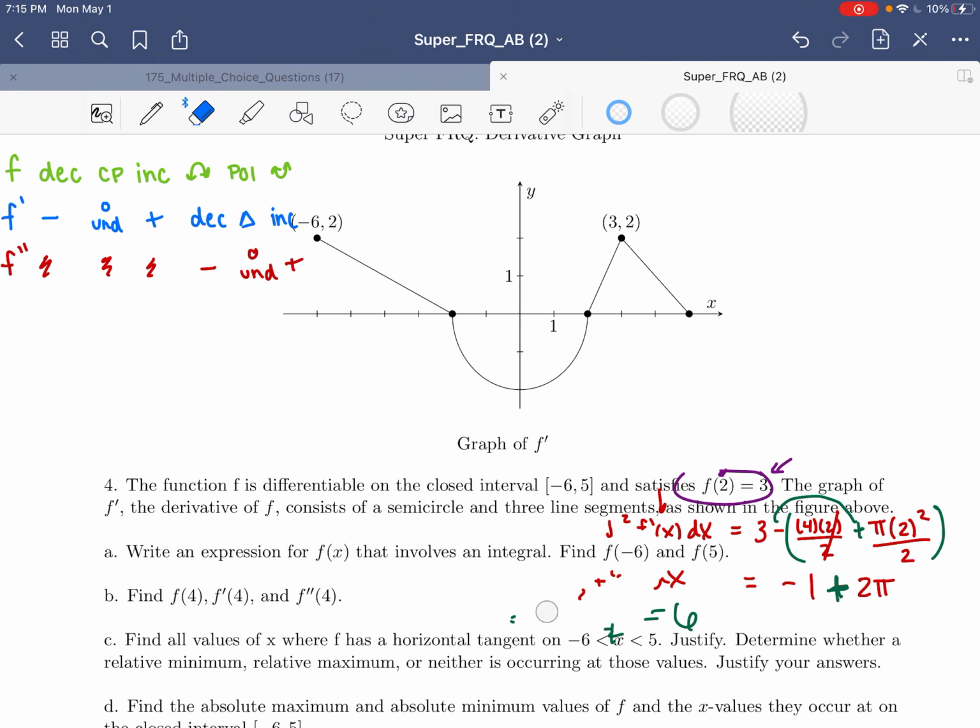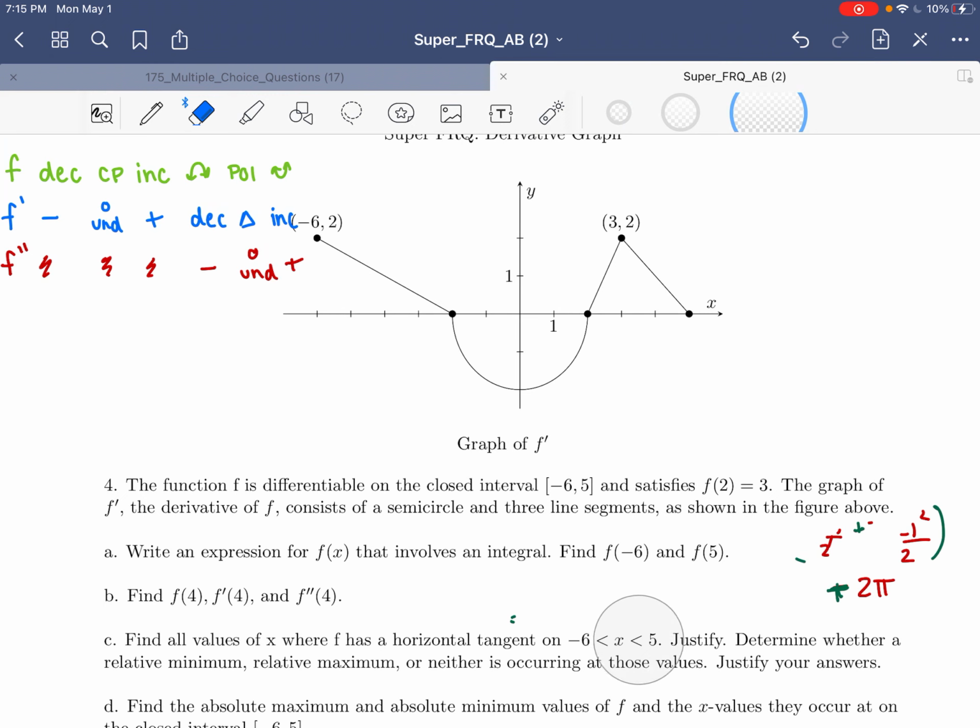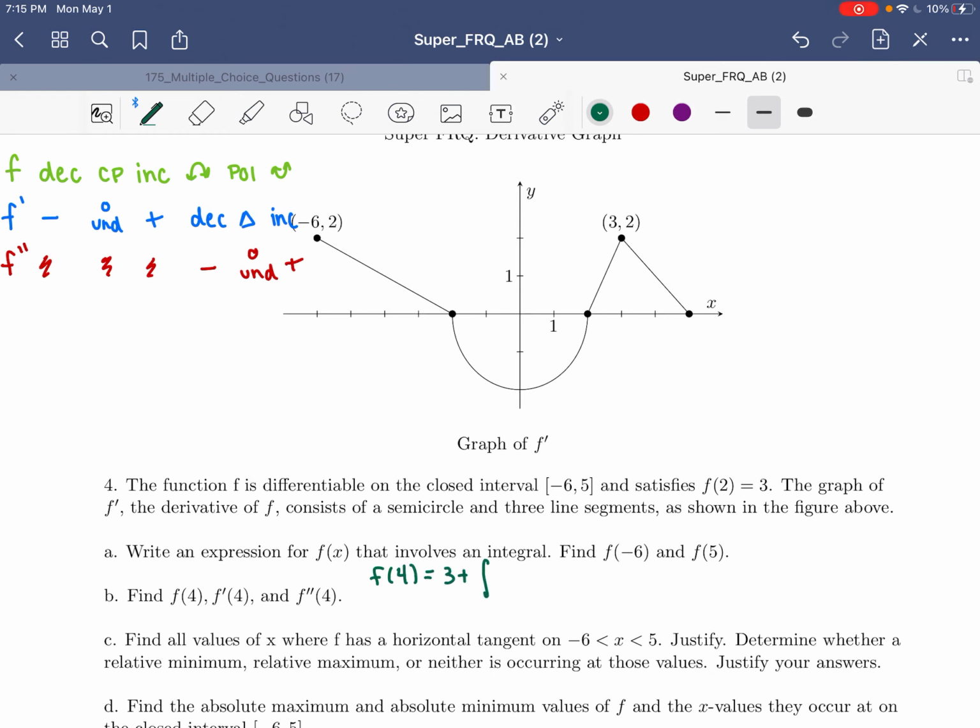And let's go to part B. On part B, we have to find f of 4, f prime of 4, and f double prime of 4. For f of 4, I'm going to do exactly what I did on that last part. I'm going to use my equation. So it'll be 3 plus the integral from 2 to 4 of f prime of x dx.